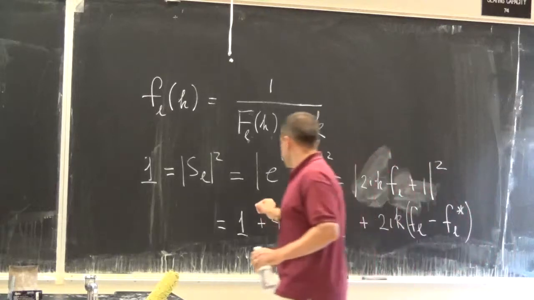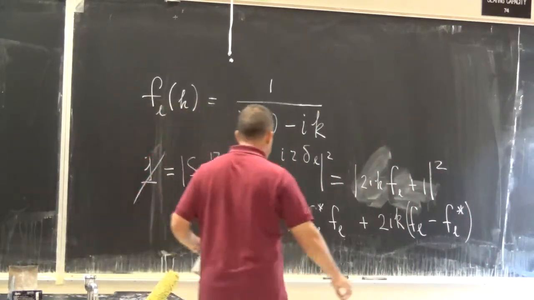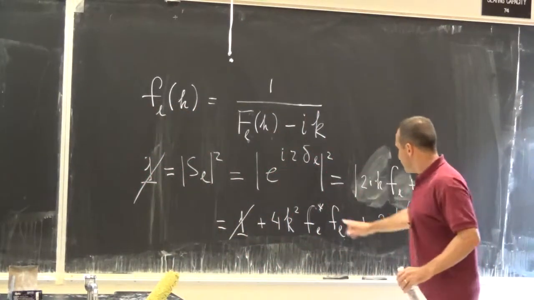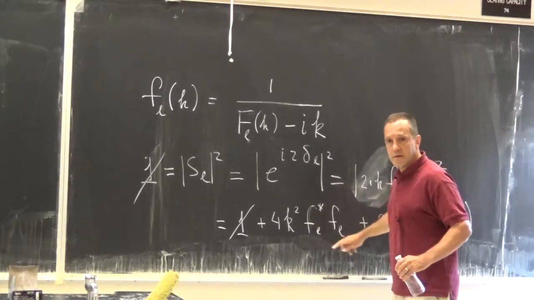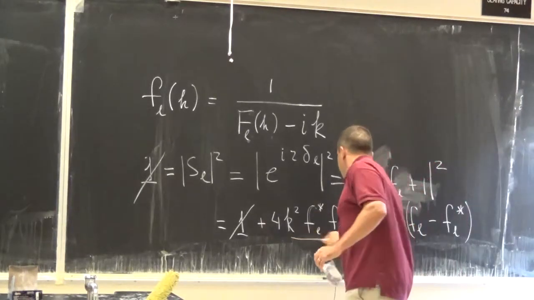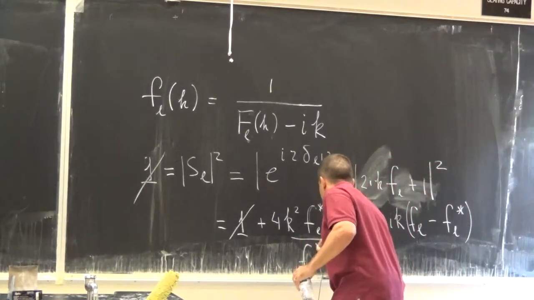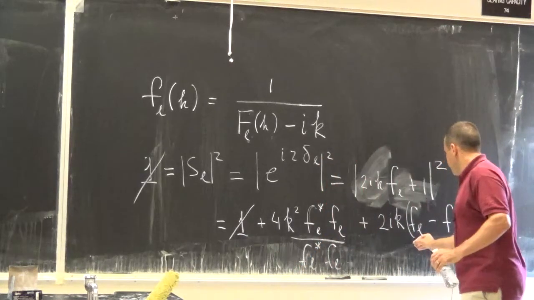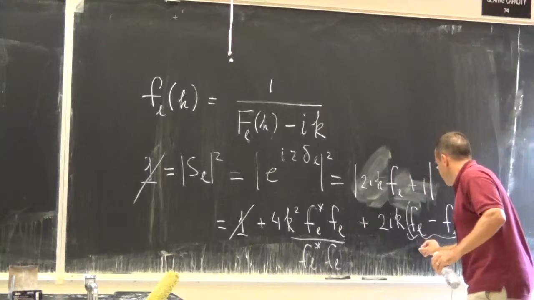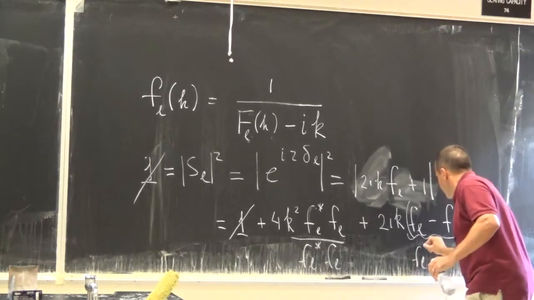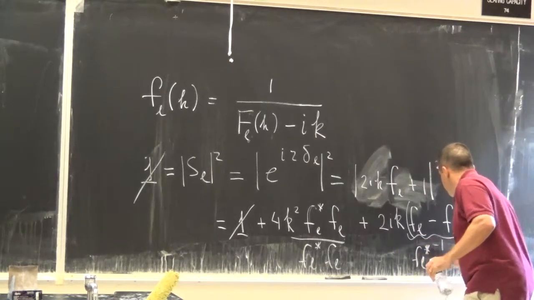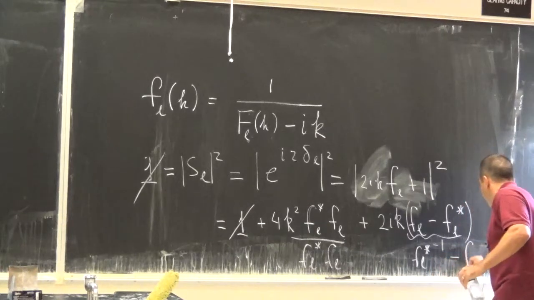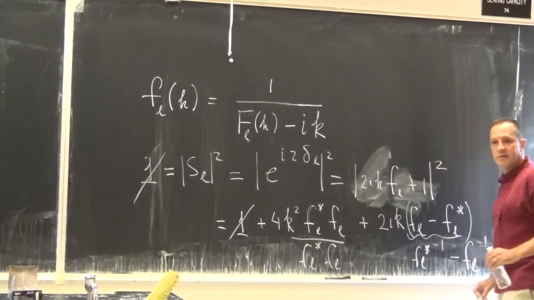Okay, so ones cancel. And so now let me divide by this quantity. If I divide by that quantity, then this becomes FL star inverse minus FL inverse.